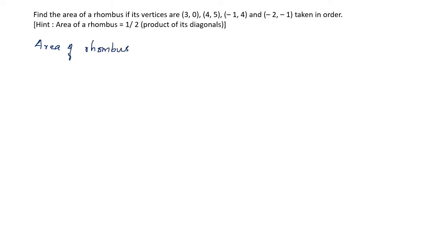Area of rhombus is equal to half into D1 into D2, where D1 is the measure of diagonal 1 and D2 is the measure of diagonal 2. If it is a rhombus given, what do you know about rhombus? All sides are equal.